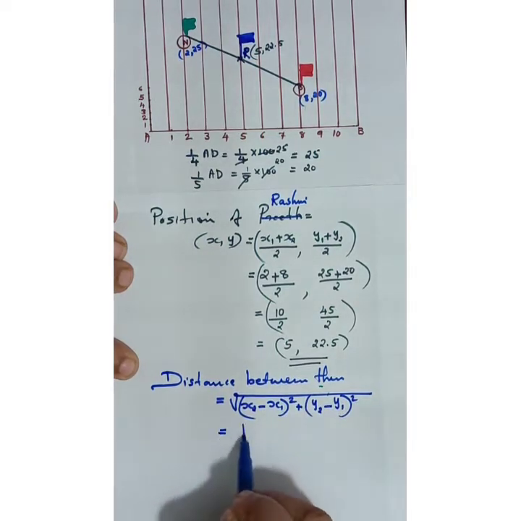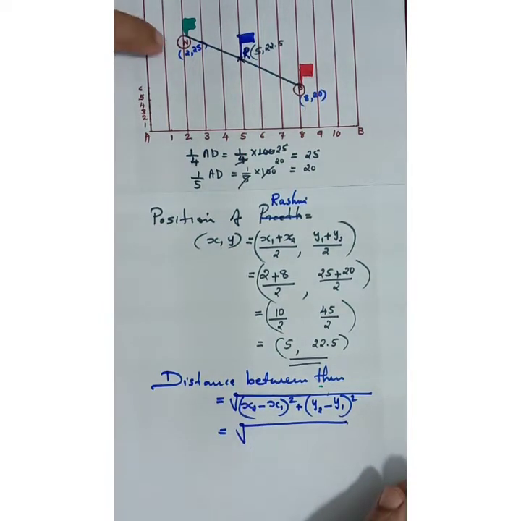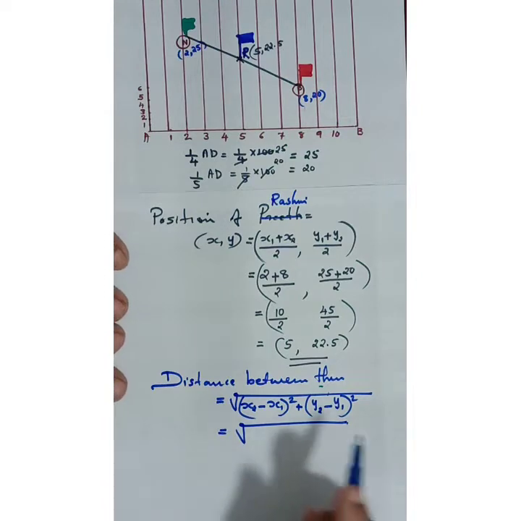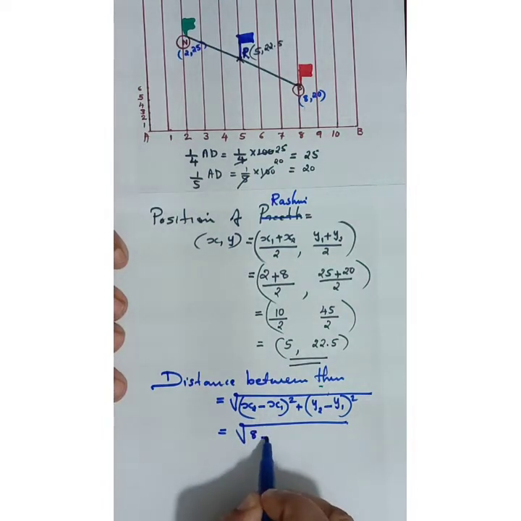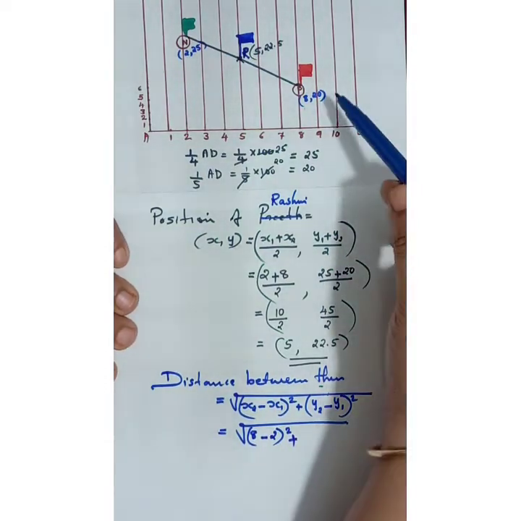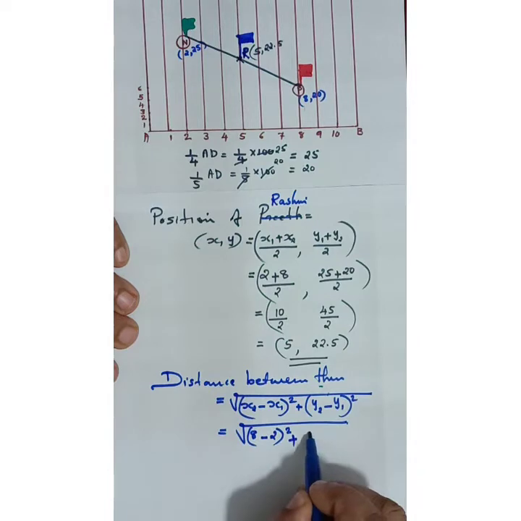So that's equal to square root of, here x1, y1, x2, y2. That is how we have to take. So (x2 minus x1) whole square plus (y2 minus y1), this is y2, 20 minus 25.